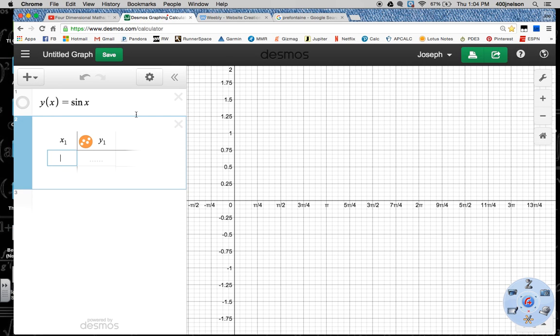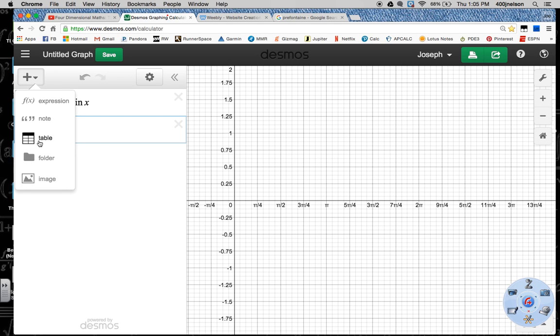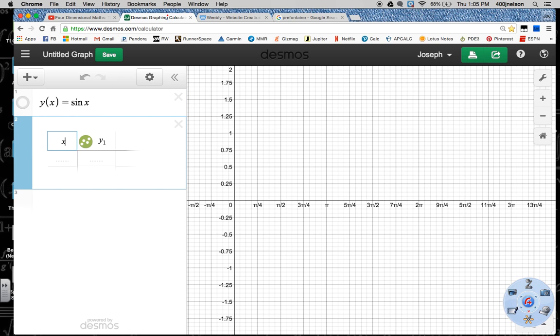We're going to look at sine of x, and if you know Desmos, you can actually do this if you would like. Add a table, just x and sine of x.